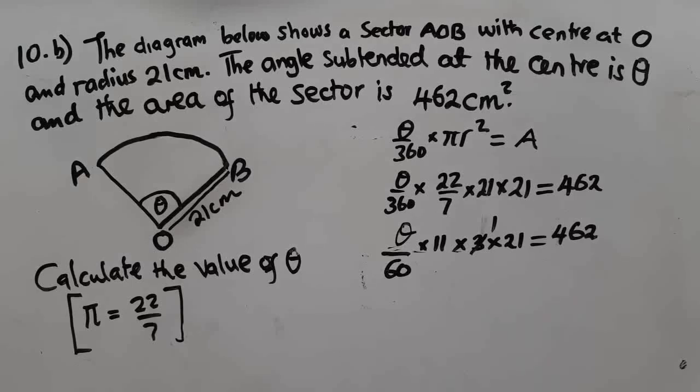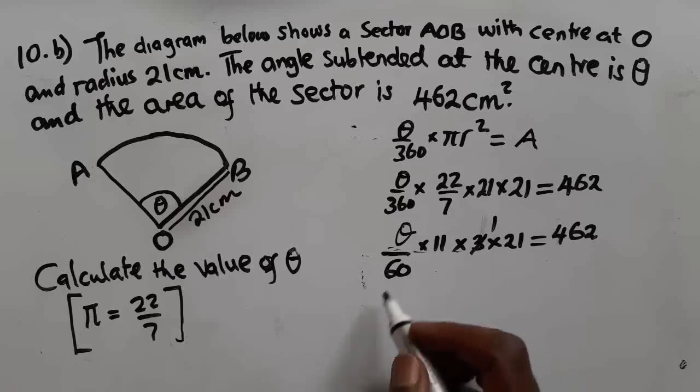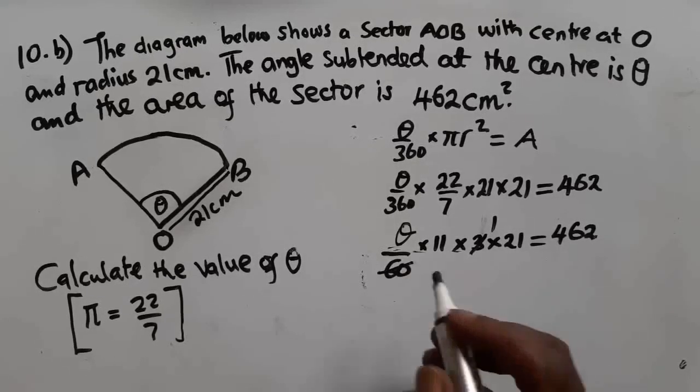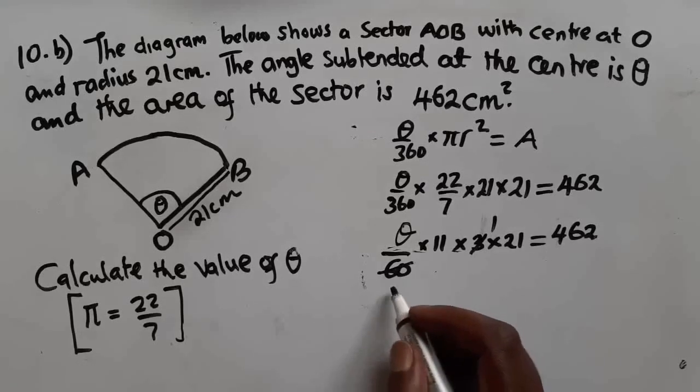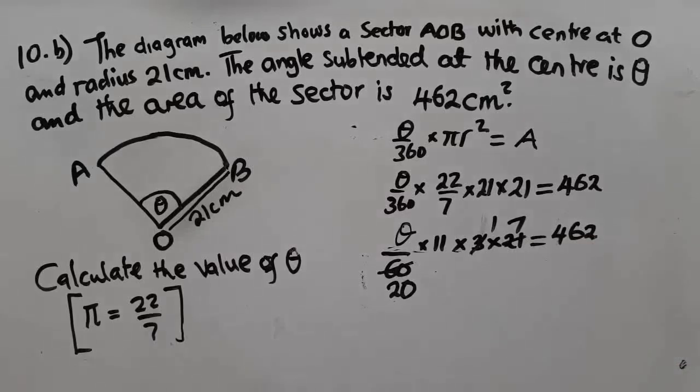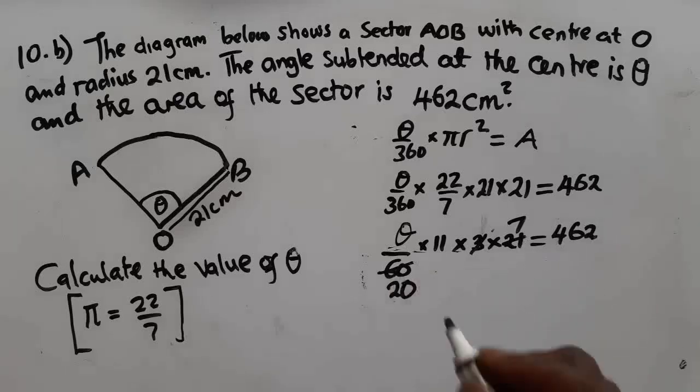Now, if you want, we can again go further here to say 3 here, 3 here, how many times? It's 20, isn't it? 3 here, it's 7. I hope you're getting that. We are simplifying. Take note that we do not have a calculator in this case.